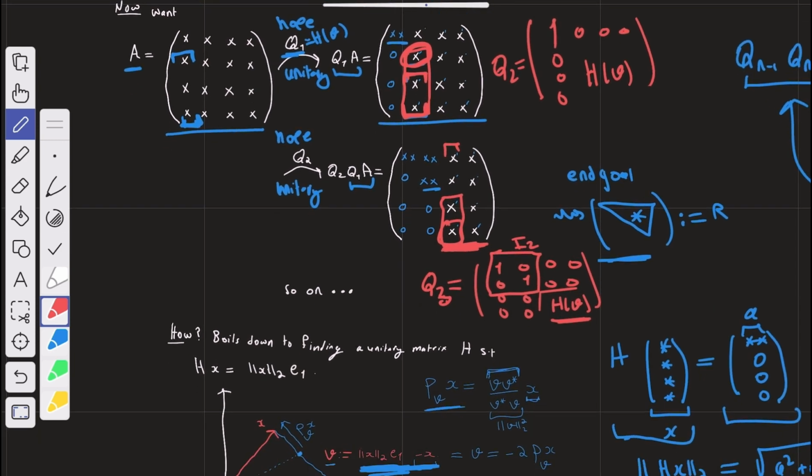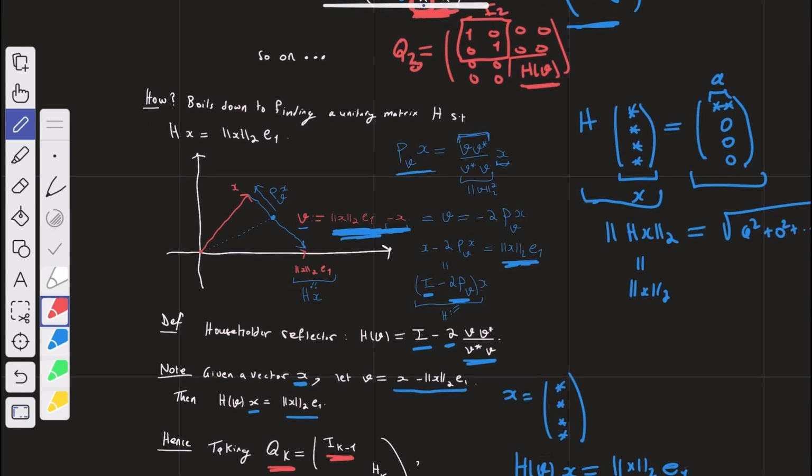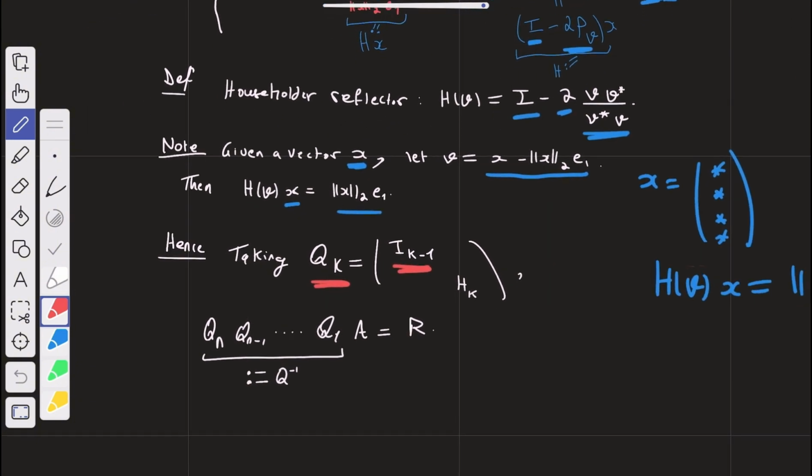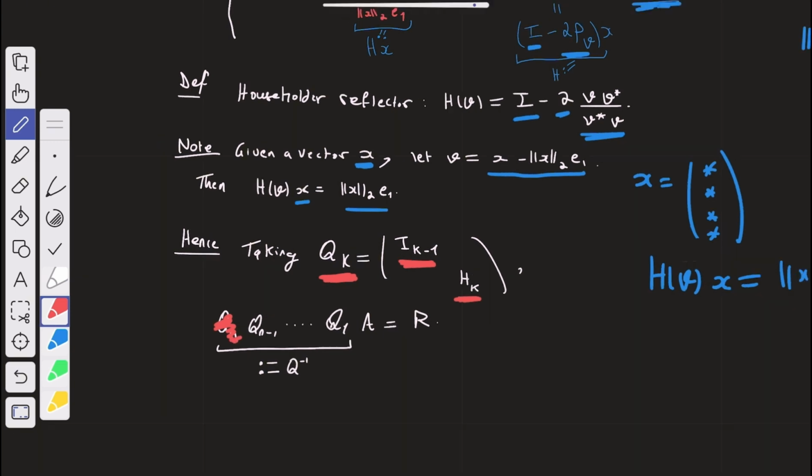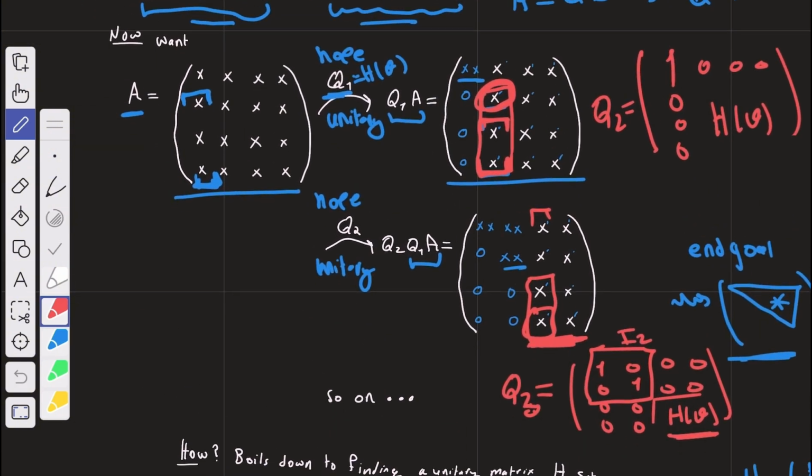Okay, and now to wrap up, let me just summarize what I said. We're going to define qk to be a block, which is just an identity that is k minus 1 by k minus 1, and we take the Householder reflector of the corresponding vector that we want to zero out the entry below it, and we define these qk's for k equals 1 to n minus 1, in fact. Why do we do that? Because we can stop at n minus 1, because these are the columns we want to zero out the entries below.